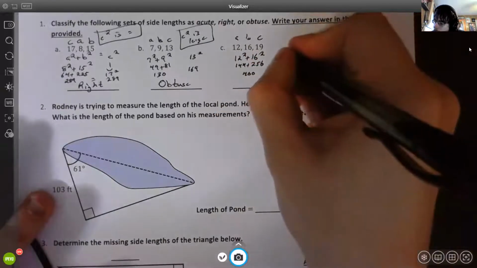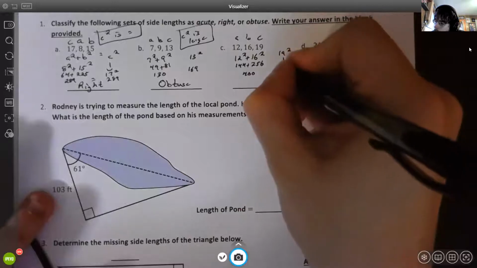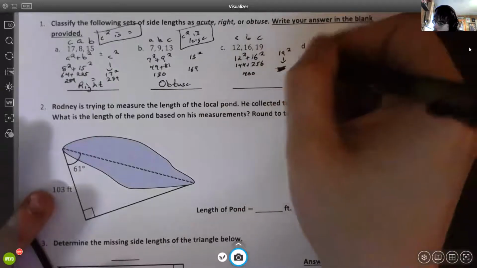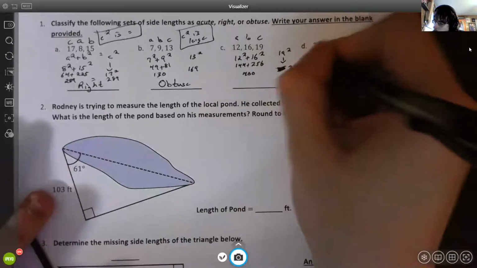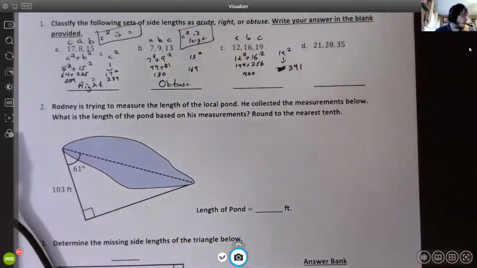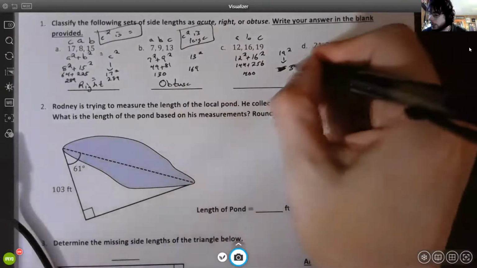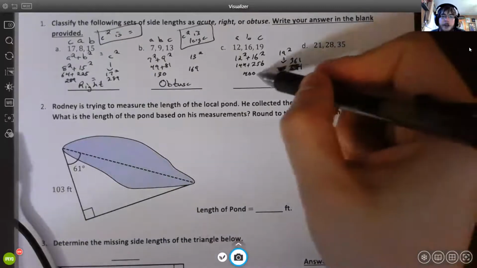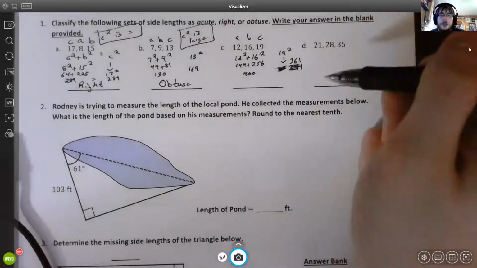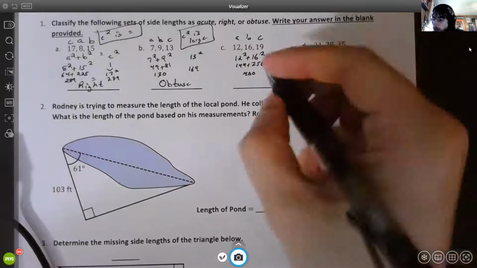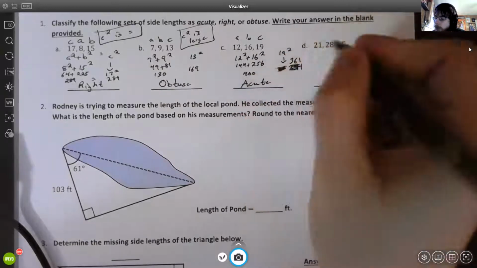Then C squared is 19 squared, and 19 squared gives us 341, I believe. Let me make sure of that. No, 361, excuse me. So this is 361. So now we compare 361 and 400. Our C squared is 361, and that's smaller than 400. Since C squared is smaller, this is acute.